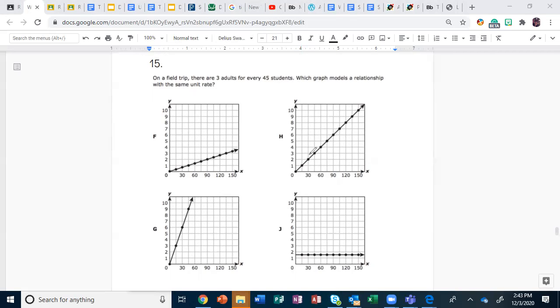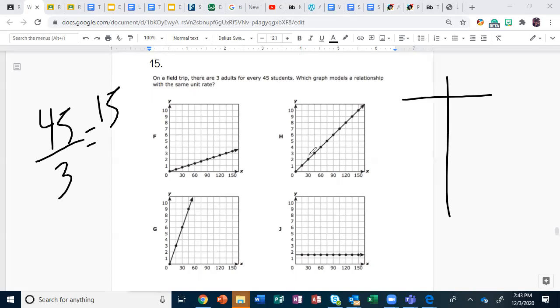So let's do 45 divided by 3. What is it? 15. So that means that one adult should have 15 kids. Hold on. It's 15 kids and then 1 adult. 15 kids is equal to 1 adult.